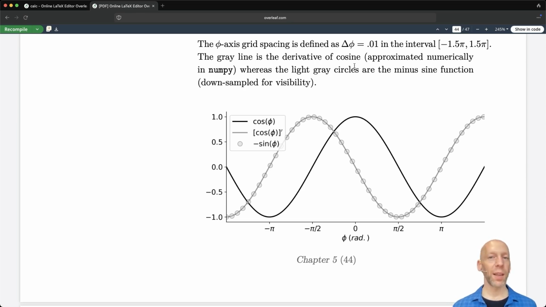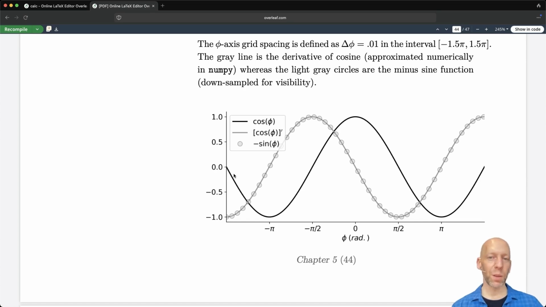So again, you are not calculating this symbolically, analytically, exactly using the SymPy library. Instead, you want to approximate the numerical derivative of cosine using NumPy. And then we already know that the actual derivative, the analytic derivative of cosine, is minus sine.